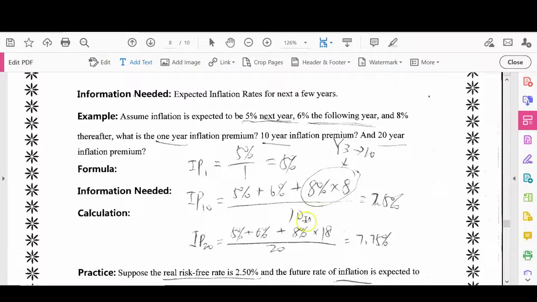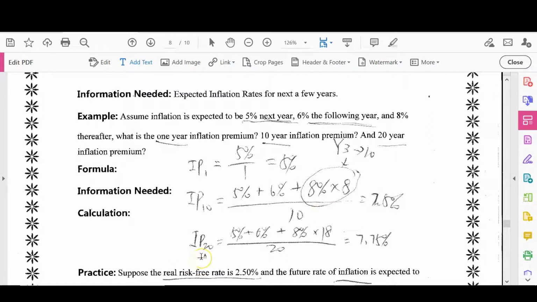Then we divide by the total number of years, which is 10. So the average inflation rate, the inflation premium, is 7.5% in this case.